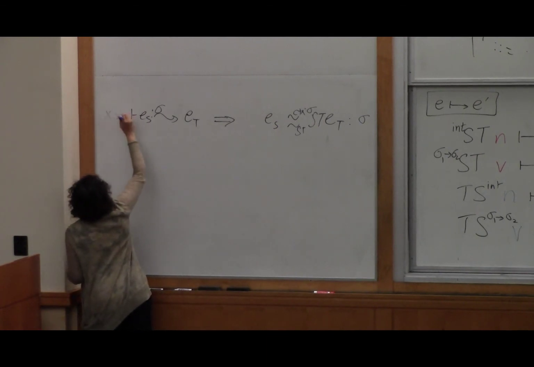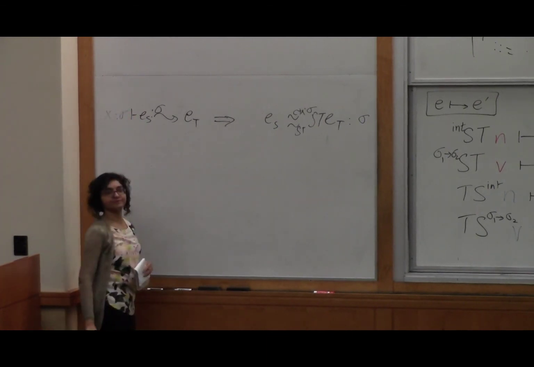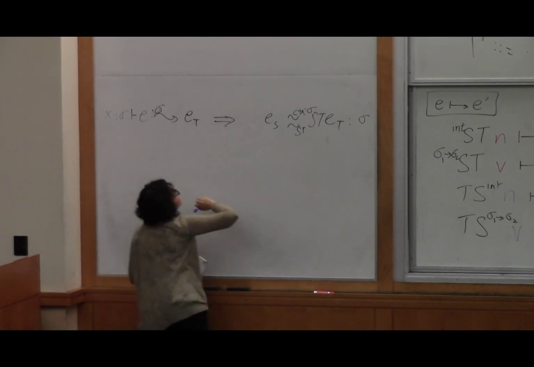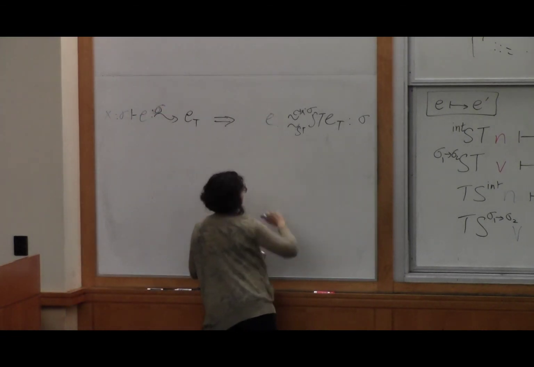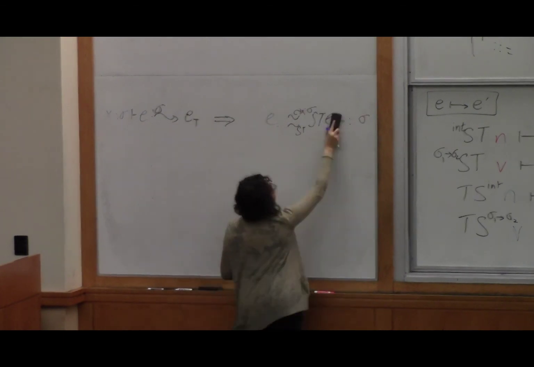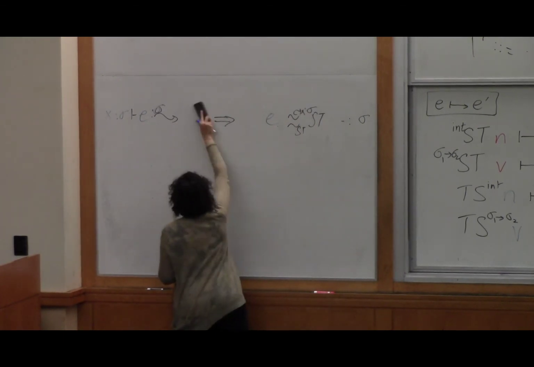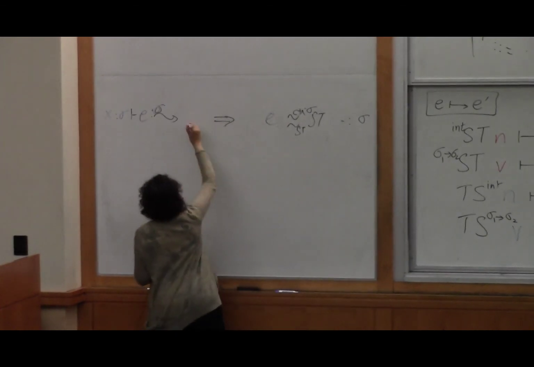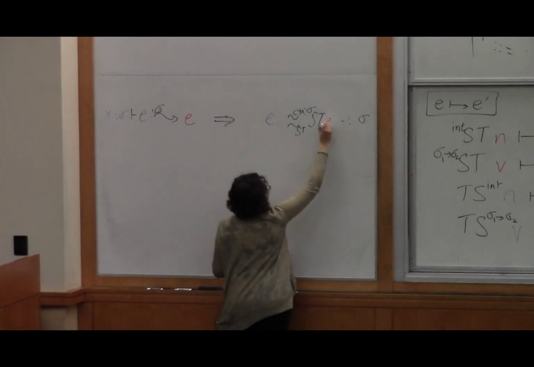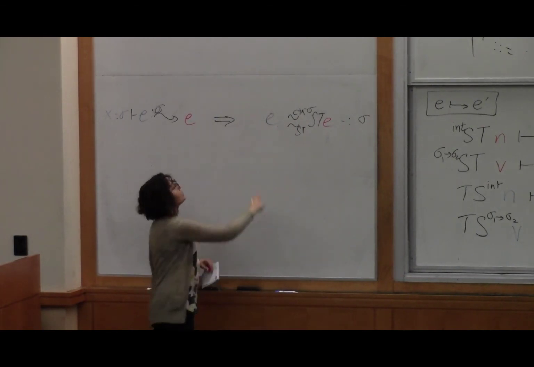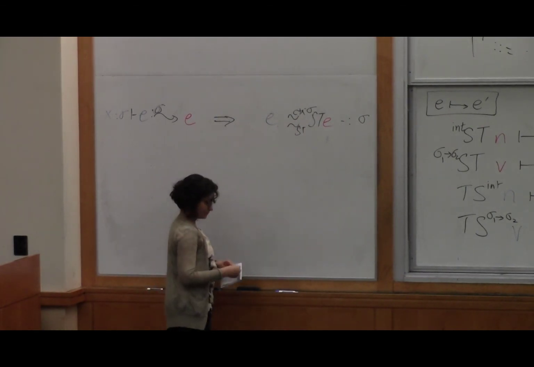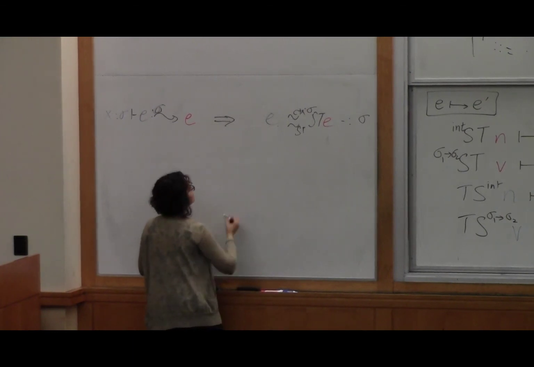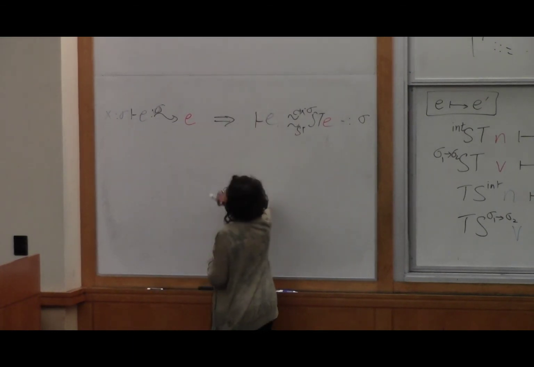So suppose that there is an x colon sigma sitting over here. What do I do with the variable? What do I put in my environment here? What do I have to do? Good question.